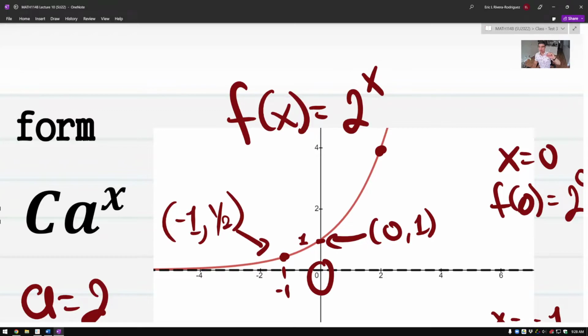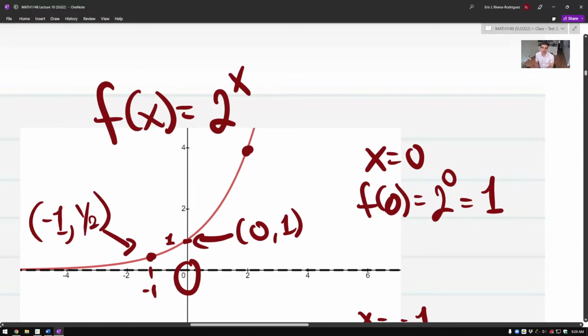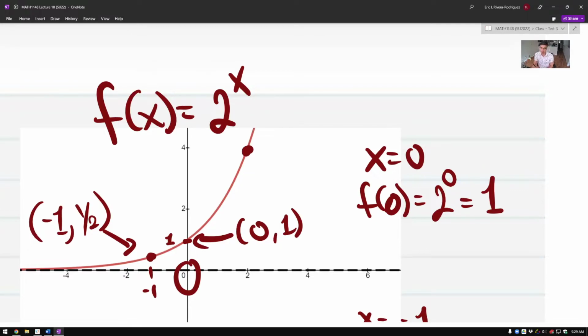But to go back to the original question, is there any x value that we can plug into this function and we receive a negative value? The answer is no. There is no way we can get a negative value from this equation. And that is the meaning of the horizontal asymptote on top of the x-axis.